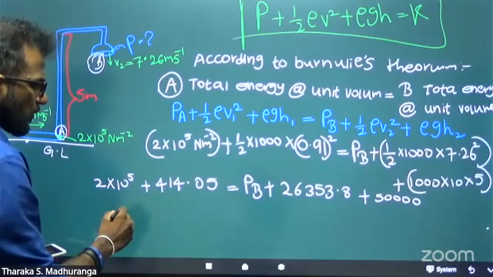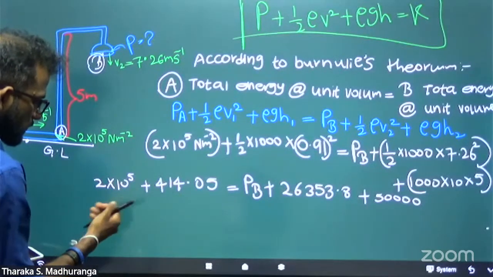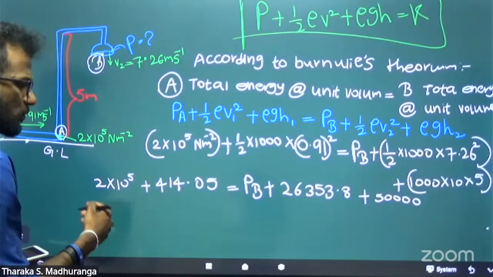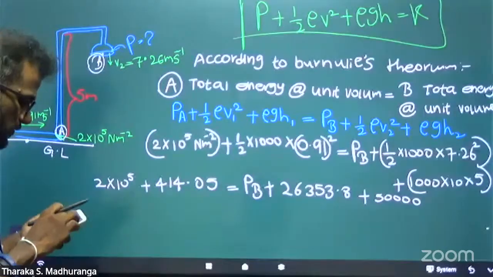PB equal. Now, this is not fluid mechanics, it is substitution and isolation.